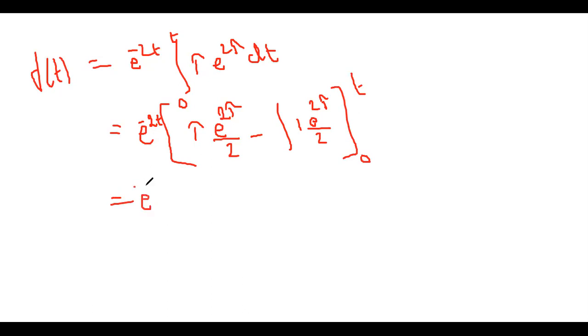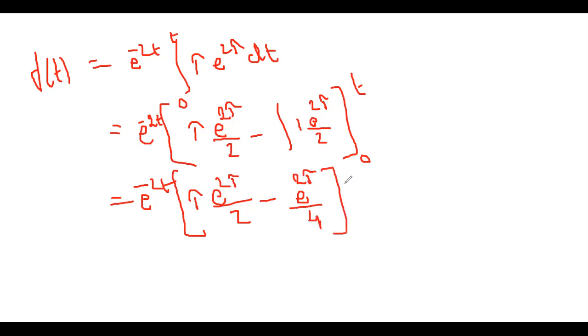Again, inside the e power minus 2t bracket: tau e power 2 tau by 2 minus, applying the integral again, e power 2 tau by 4, with limits 0 to t. These are the values of tau.